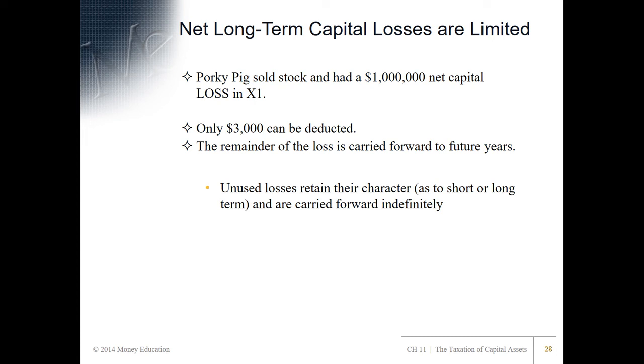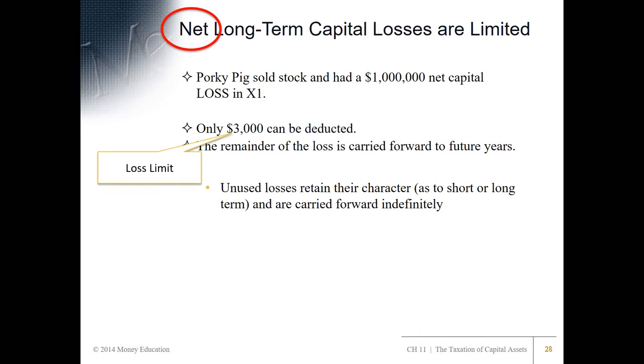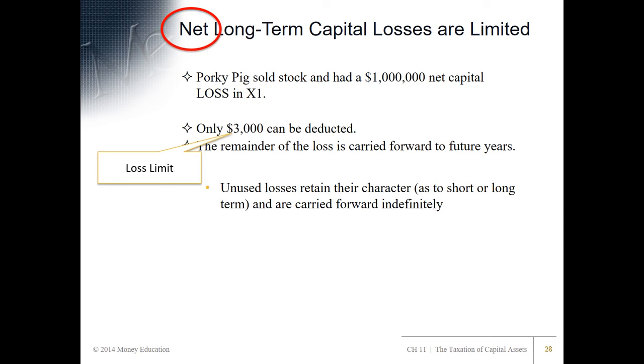Okay, so Porky Pig sold stock and he had a $1 million net capital loss in year one. Only $3,000 can be deducted. That is the loss limit on capital losses. Now, you don't just lose the rest of that capital loss. The remainder of the loss is carried forward to future years. So of this $1 million net capital loss, he could deduct only $3,000 of it a year.